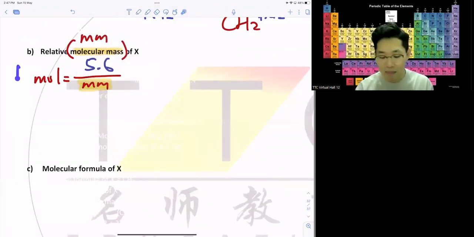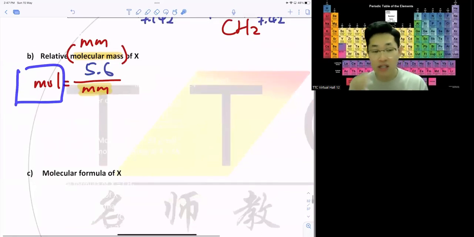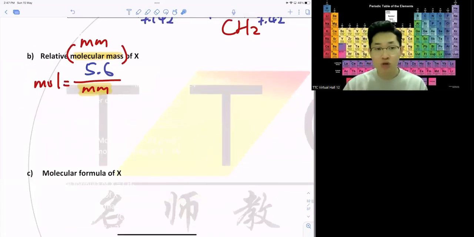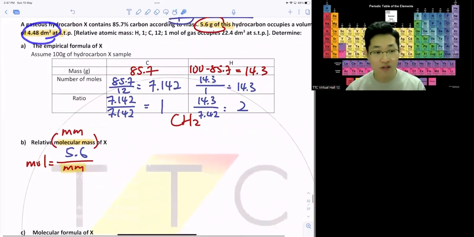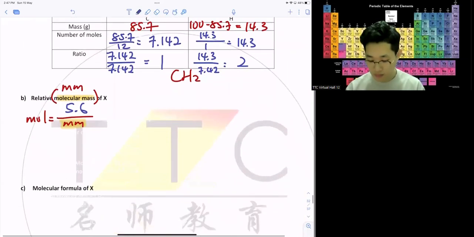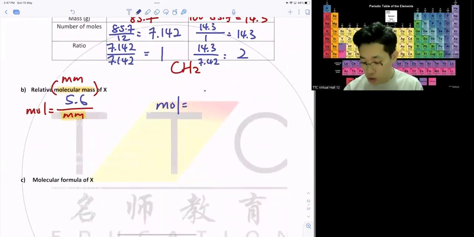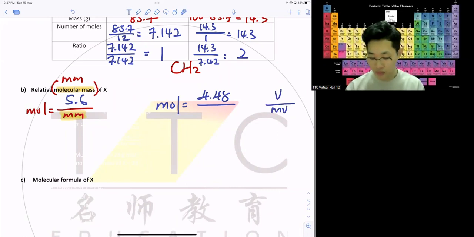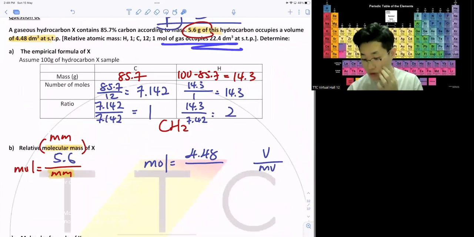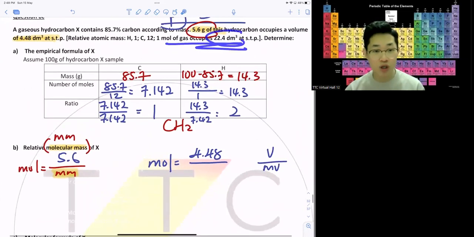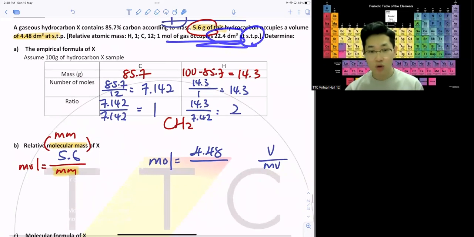But I still need the number of moles in order to get the molar mass, right? Where do I find the mole? They gave me another value, 4.48. Mole equals volume over molar volume. What's the molar volume? 22.4 dm3, STP. 22.4.